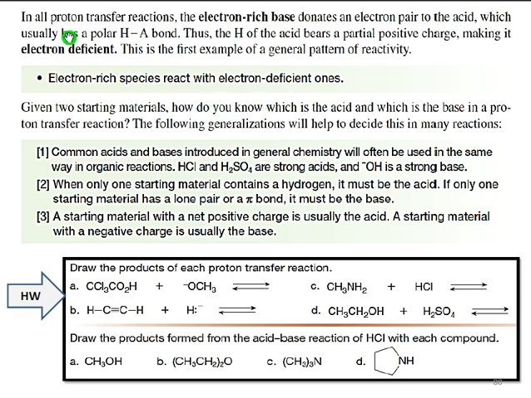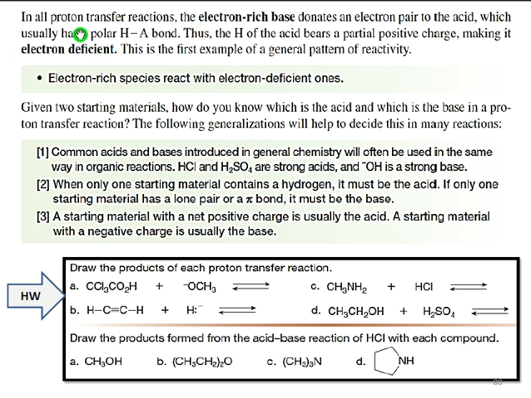And here in all proton transfer reactions, the electron-rich base donates an electron pair to the acid. Look, rich base. That means why rich? Because the base with a pair of electrons with the minus charge will have high electron density. It will be electron rich, and which usually has a lone pair.